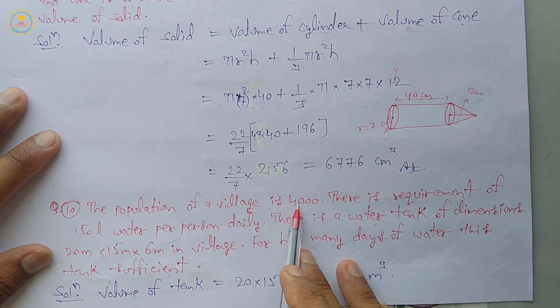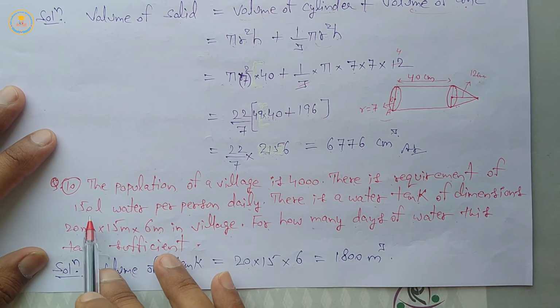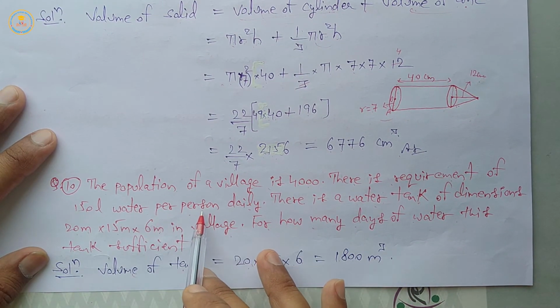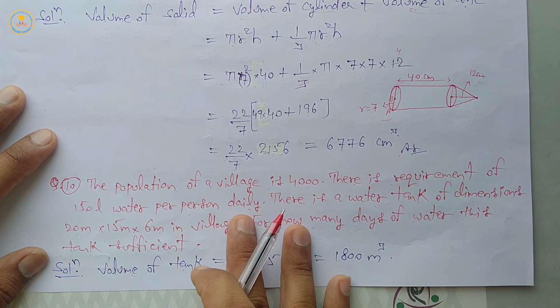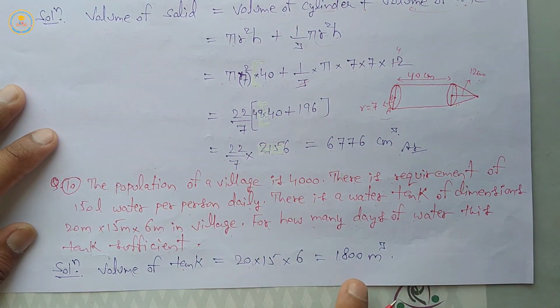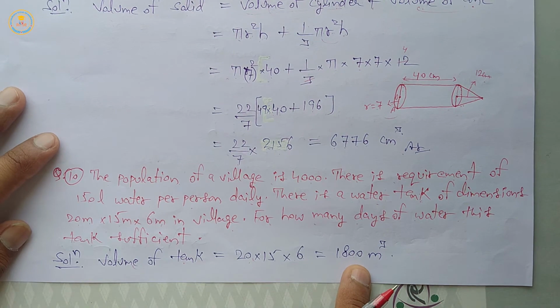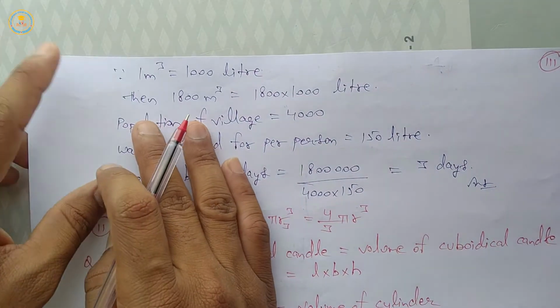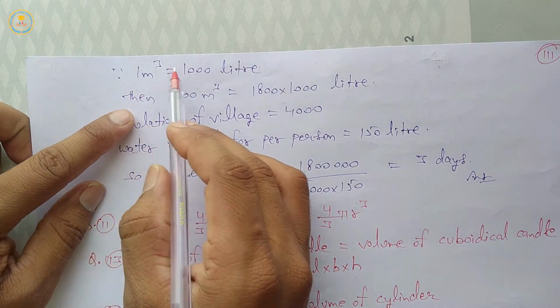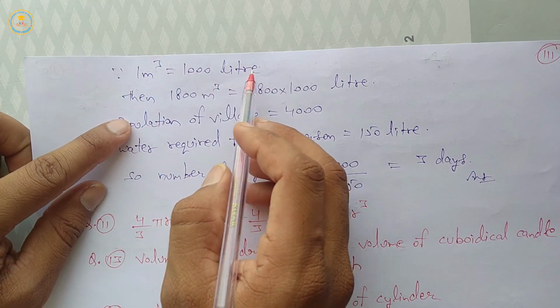Population of a village is 4000 and 150 liter water is required per person daily. First we convert meter cube into liter. Now we know 1 meter cube equals 1000 liter.